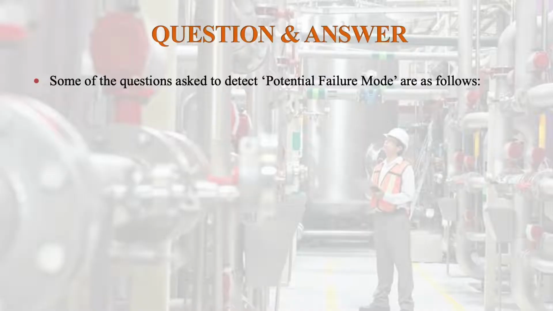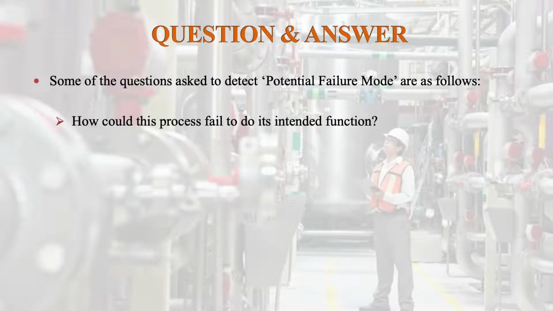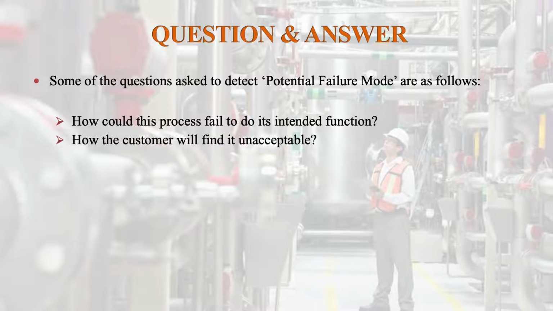Some of the questions asked to detect potential failure modes are as follows. While conducting this failure mode analysis, one has to ask some questions. How could this process fail to do its intended function? How will the customer find it unacceptable?